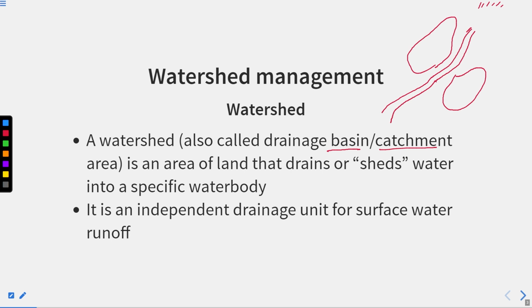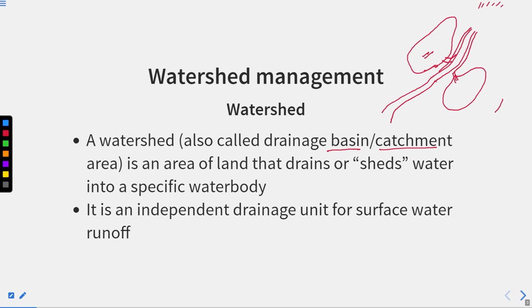This river or the tributary is laden with a lot of rainwater. Sometimes there is so much water that it goes to these areas also, and they get filled. So these are considered a watershed, a catchment area where the water gets filled.